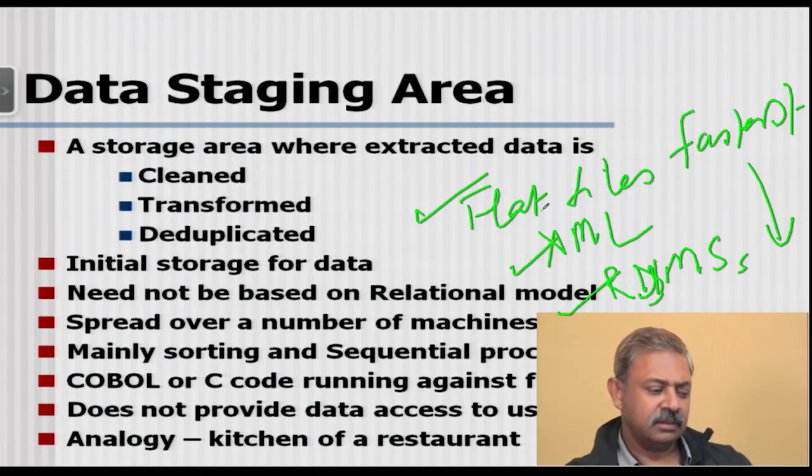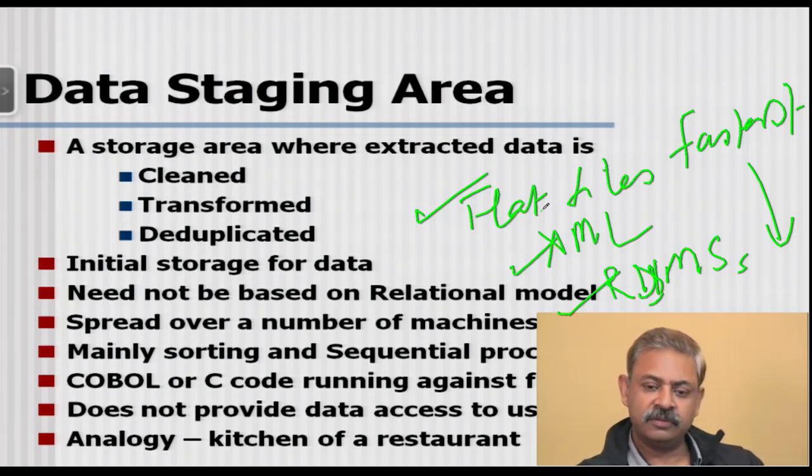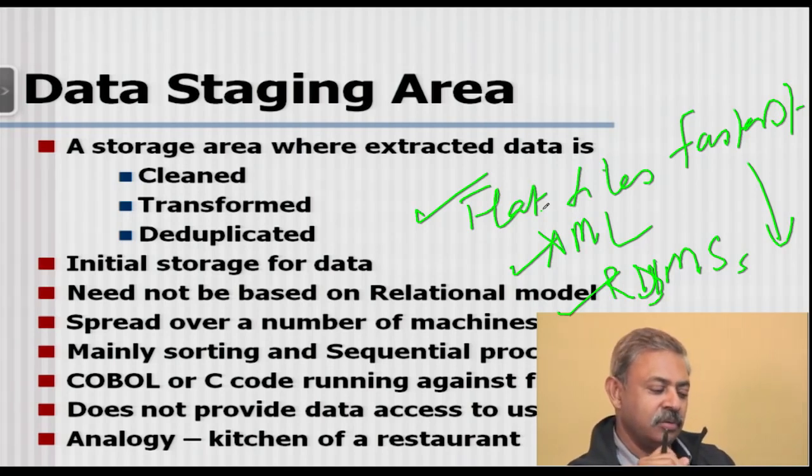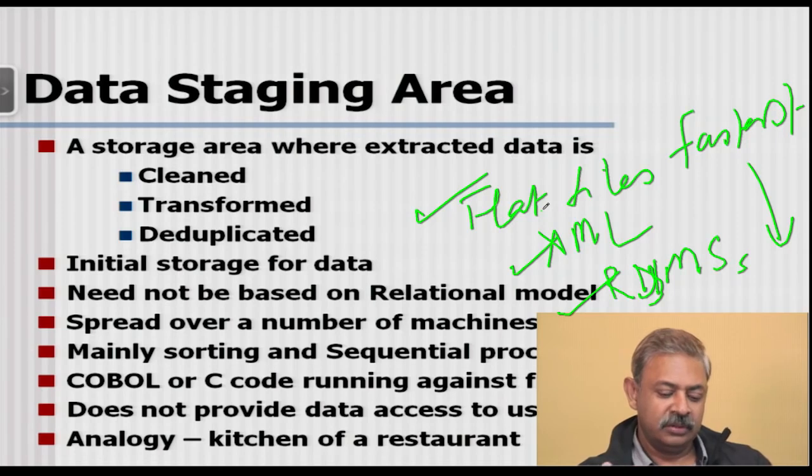And a very interesting analogy for this could be the kitchen of a restaurant. You know that in the kitchen of any restaurant, you are not allowed in. You can see a no entry board outside the kitchen. What they do inside the kitchen is prepare the dishes that you have ordered.